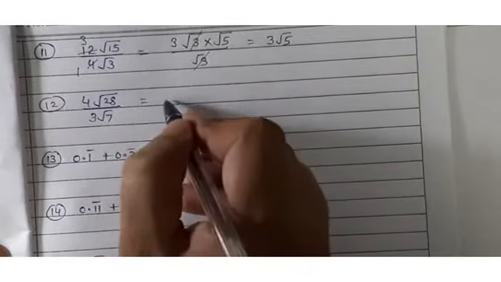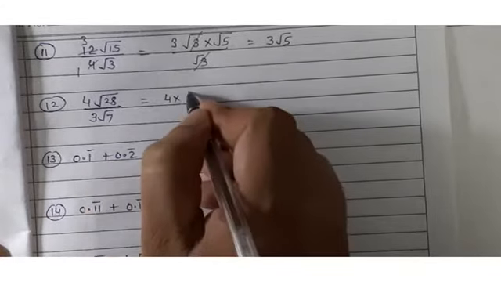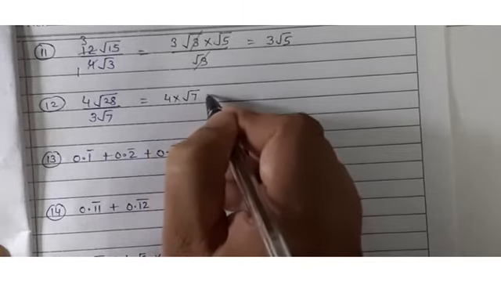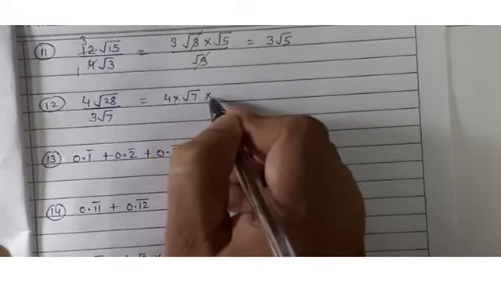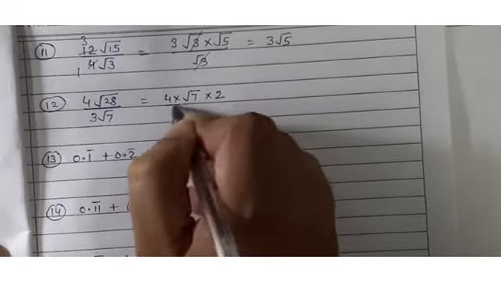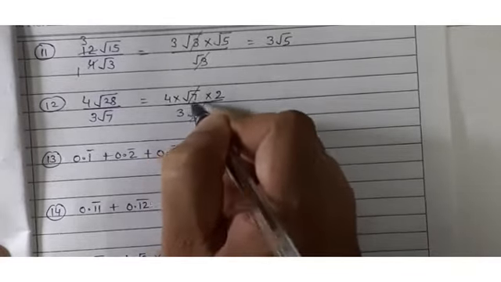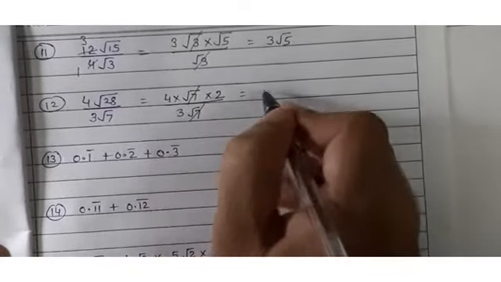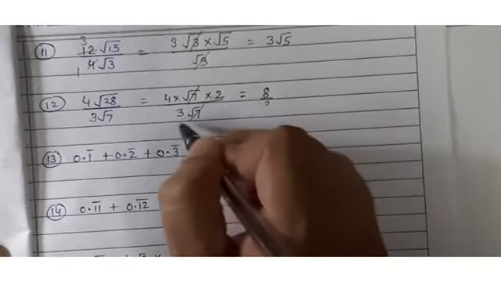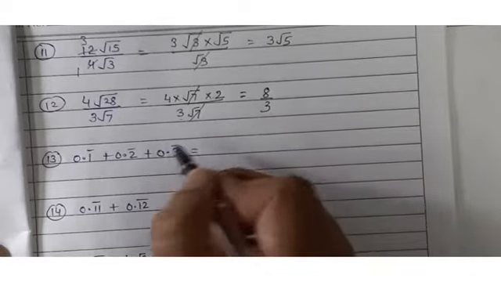Similarly, same thing. 4 under root 28. So I am writing under root 7, 7 4s are 28, no? Under root 7 into under root 4. And under root 4 will become 2. Clear? Now 3 root 7. See, cut. This will be 4 2s are 8. And denominator 3 is there. So 8 root 7 upon 3.